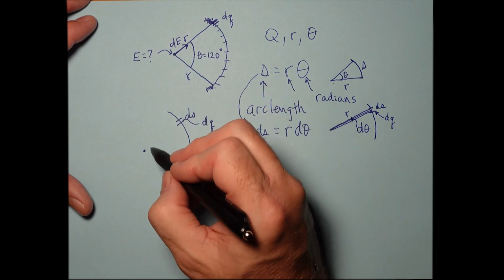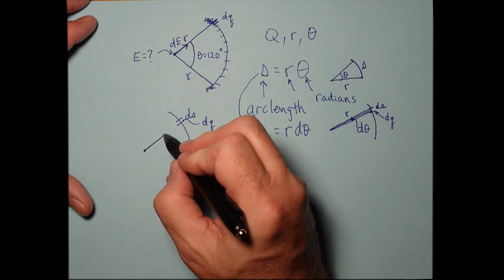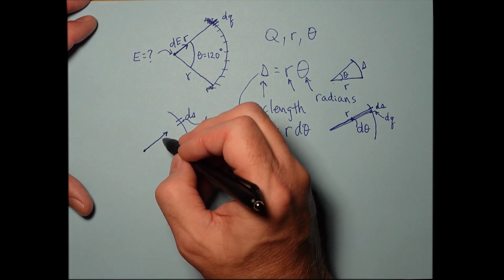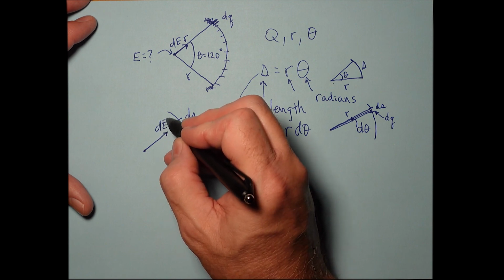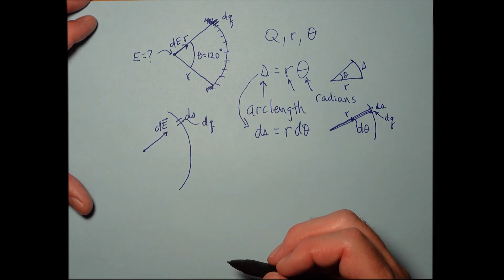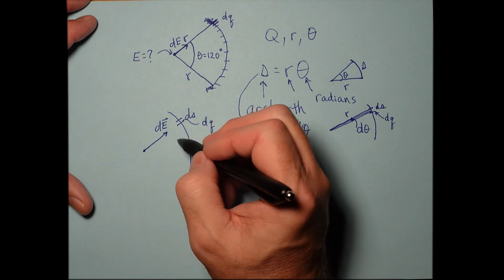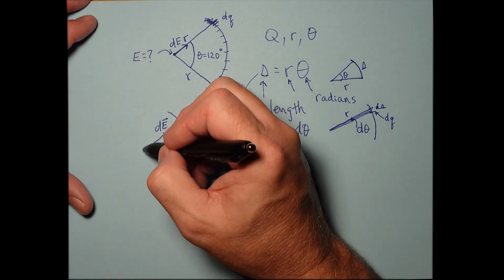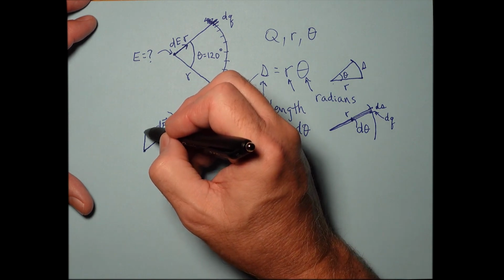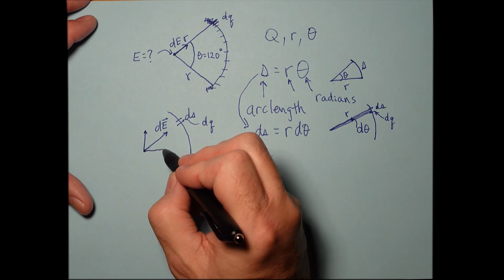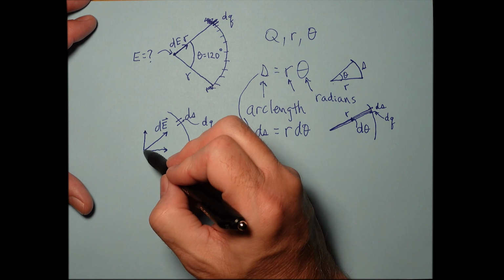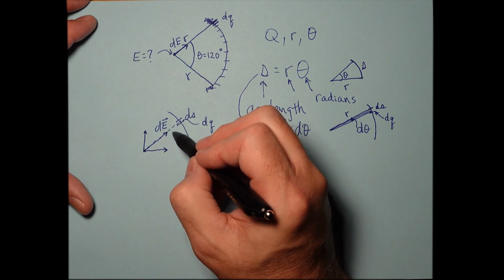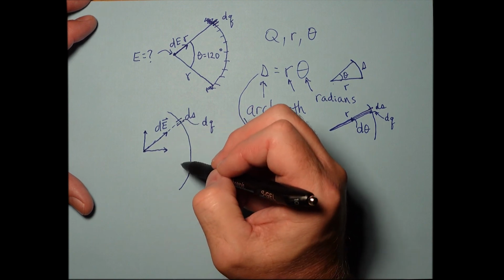Now it's negative, so that creates an electric field that points in that direction, and that electric field is dE. Now, dE can be divided up into components, one going that way and one going that way. This distance from there up to there is a fixed distance of r, little r.